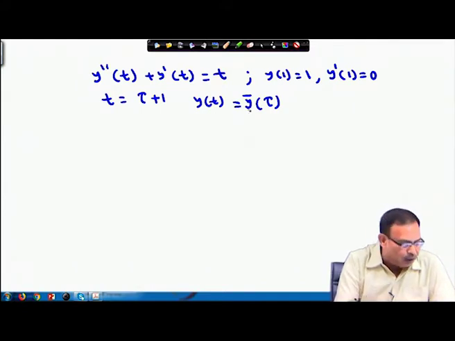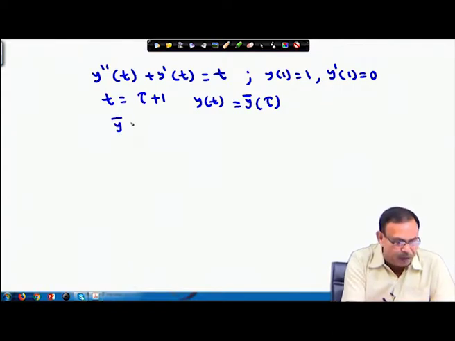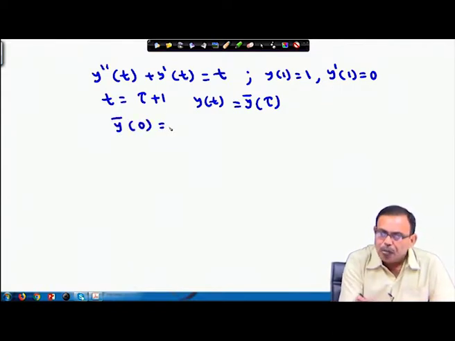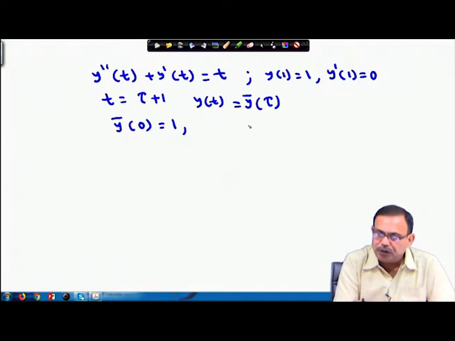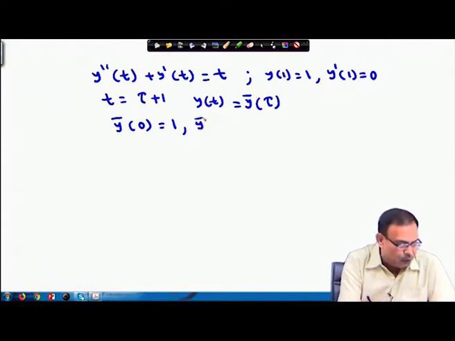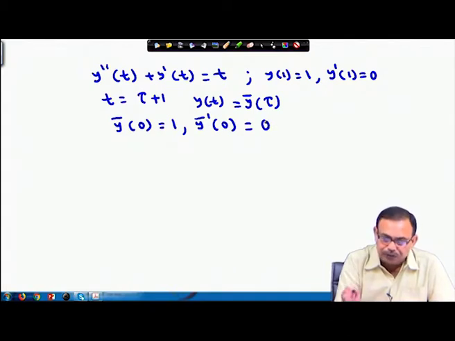So, y(t) equals y bar (tau), then what will be y bar (0)? y bar (0) will be 1, because as I told you, at t equals 1 your tau will be 0, and y bar dash (0) will be equal to 0.